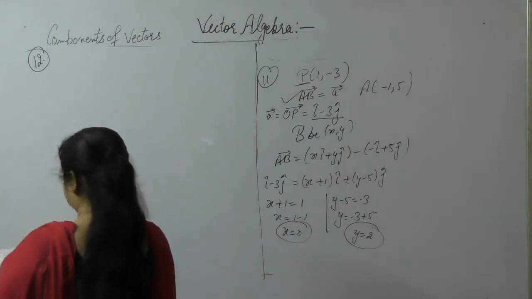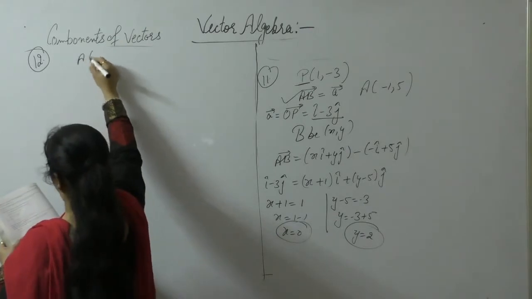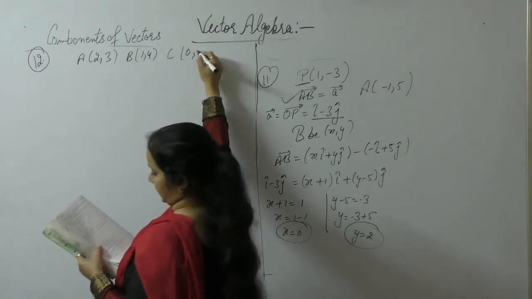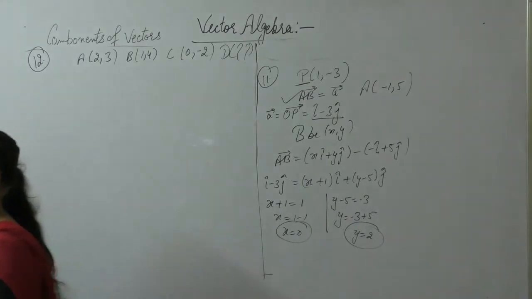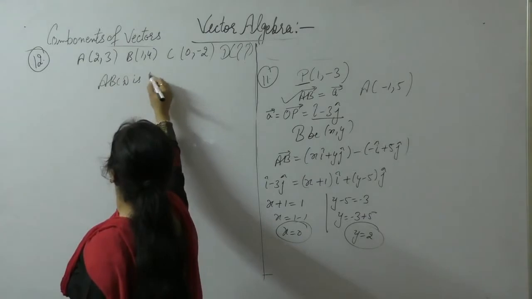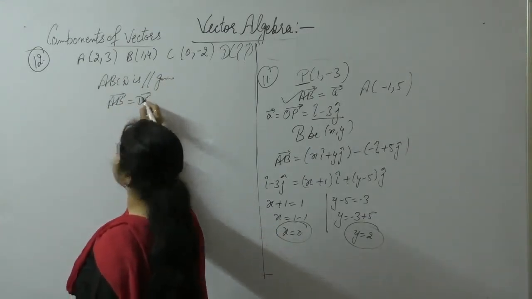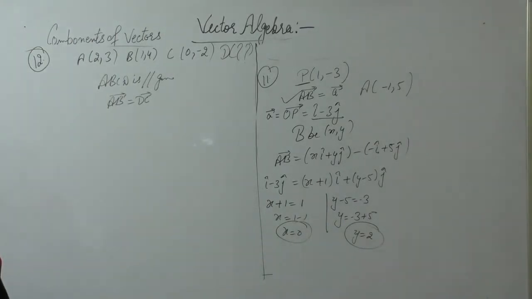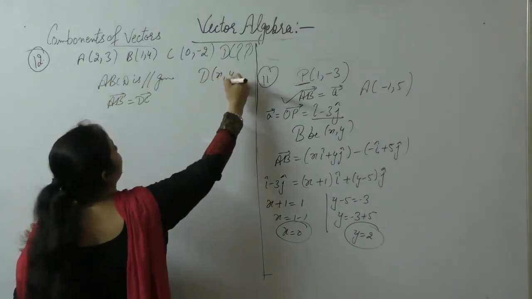If ABCD is a parallelogram and the coordinates of A, B and C are respectively as given, find the coordinates of D. Now if ABCD is a parallelogram, then opposite sides are equal. AB vector is equal to DC vector. Let the coordinates of D be x and y.